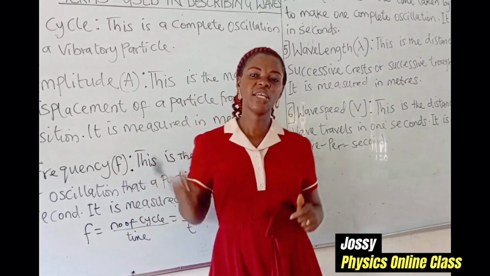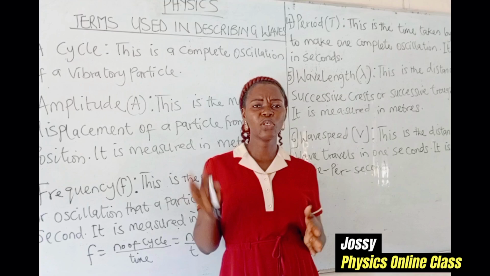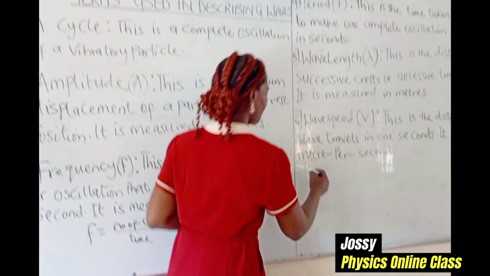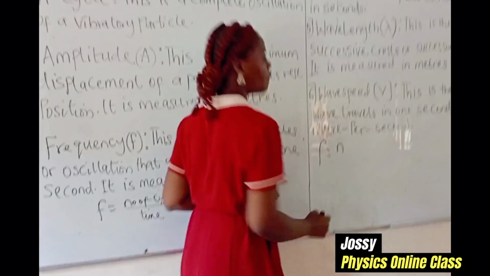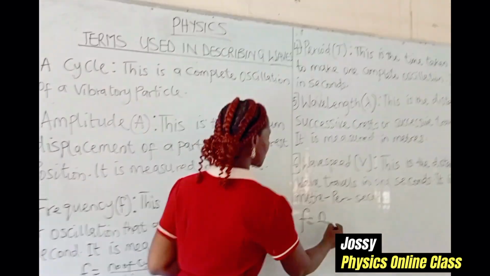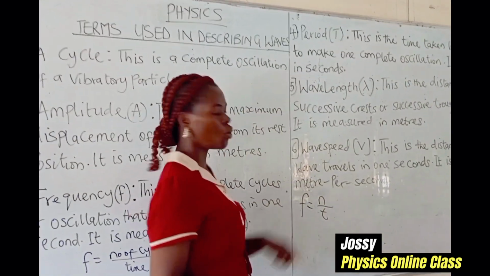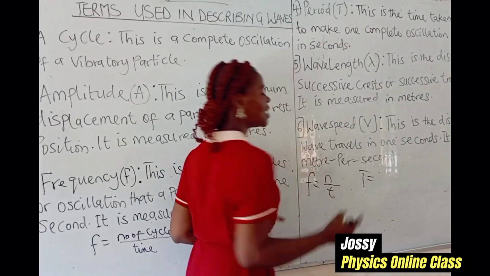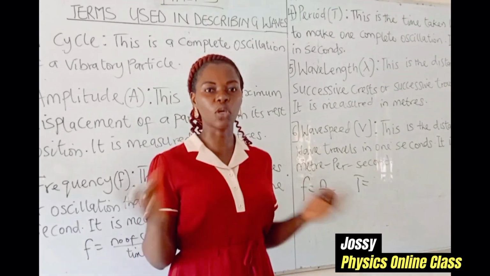So guys, let me take you back to the relationship I mentioned between frequency and period. If we say that frequency is the number of complete oscillations over time, then we can equally say that period is the time taken for a particle to make one complete oscillation.